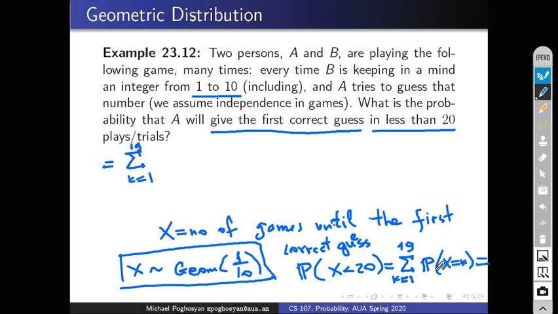The probability that X is taking the value K means K minus 1 times failure. So 1 minus 1/10. So that person A is failing K minus 1 times. And then giving the correct answer.